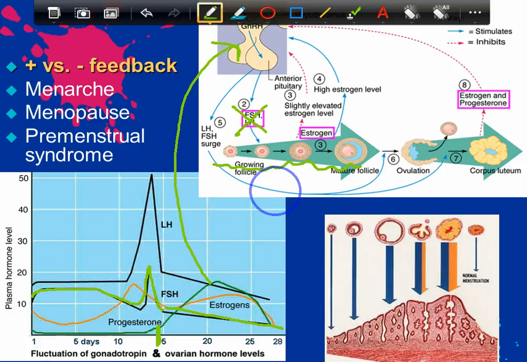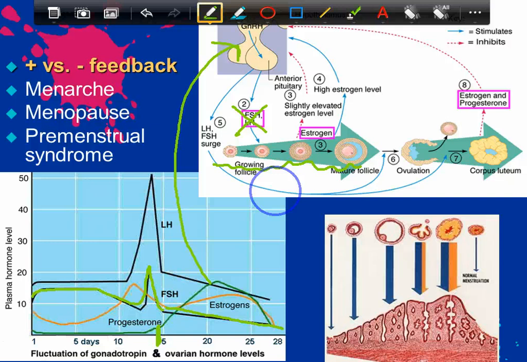Now the black line above it is LH. So we start out, it doesn't really come up very much. It stays low. They're just kind of pushing it up the graph so you can see it better.